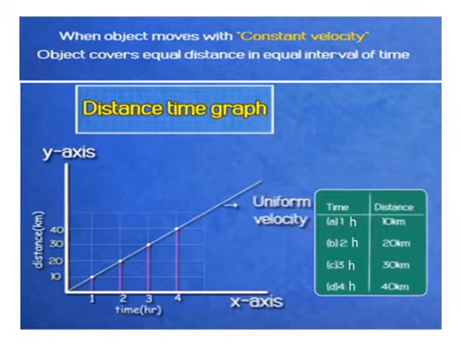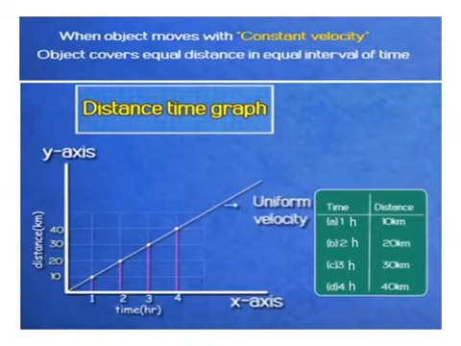So here you can see the time is at a regular interval of 1 hour between the first and the second. And similarly, when you examine the distance covered by the body, it is also with 10 kilometers. So you can take the first two readings here.